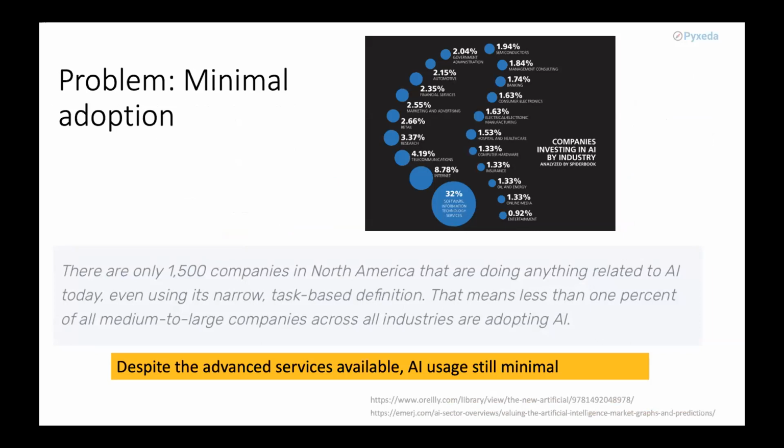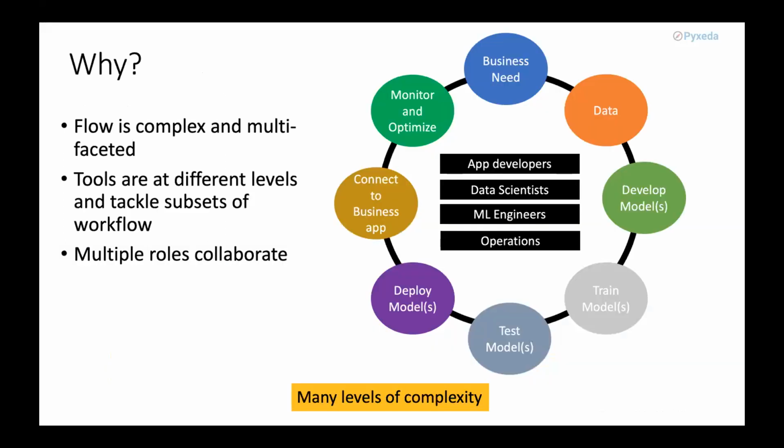In that area it's quite prevalent, but when you go out to things that are still very much enterprise but are less enterprise as a product, then you find that the number of deployments tends to be very low. And there are fairly many reasons for this, but one of them is the fact that the flow is very complex and multifaceted, and that the tools are at different levels, and most of the tools handle some fraction of the workflow, and multiple tools collaborate.